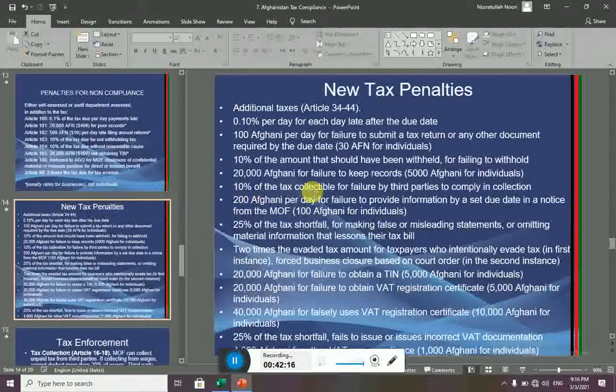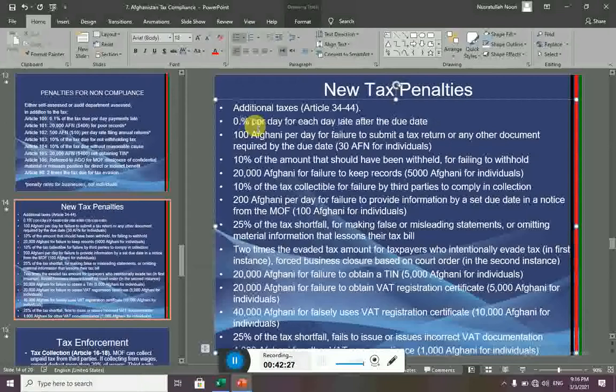Now let's talk about the new tax rates. Additional taxes, Article 34 to 44. There are some additional taxes as well. It has changed to 0.05%. 500 was changed to 100 Afghani per day for entities, and 30 Afghani per day for individuals or sole proprietorship businesses.